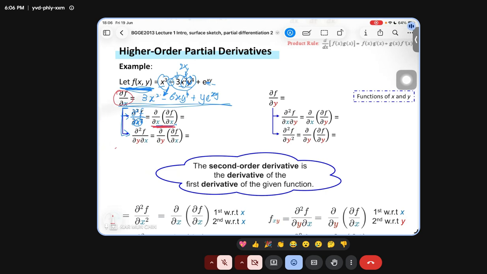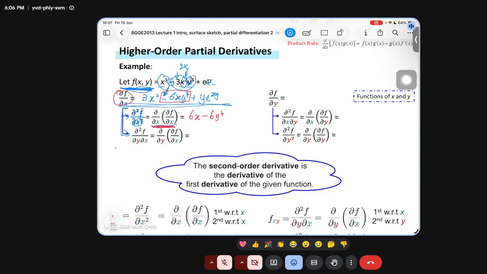3x squared, you will get 6x, 2 multiplied by 3, and 2 minus 1 becomes x. Then followed by this term, negative 6xy to the power of 4, you will get negative 6y to the power of 4, because the x will be cancelled off.